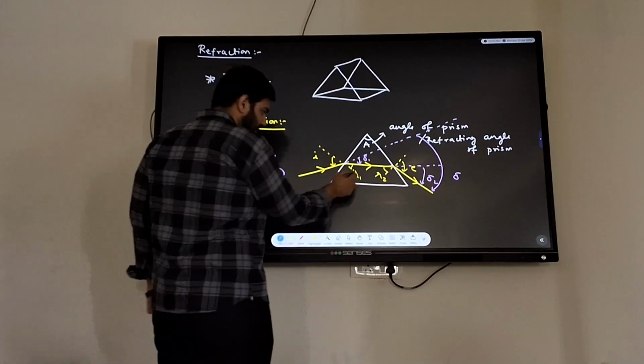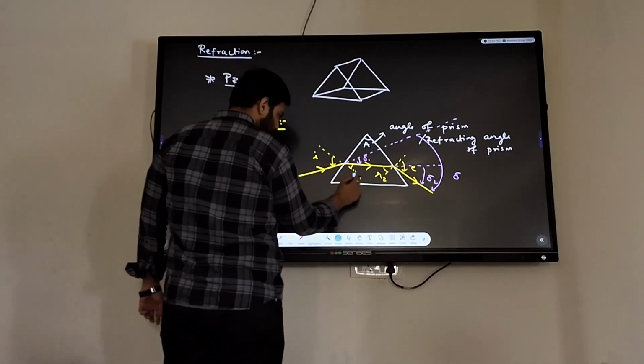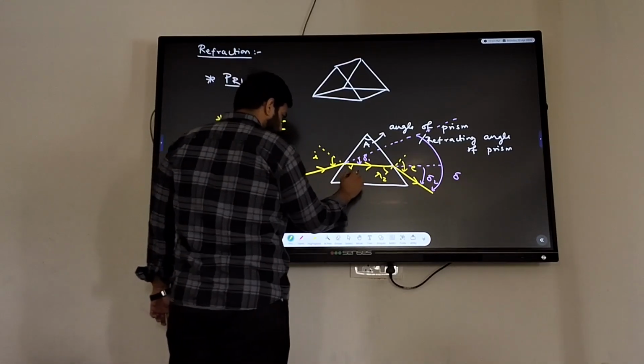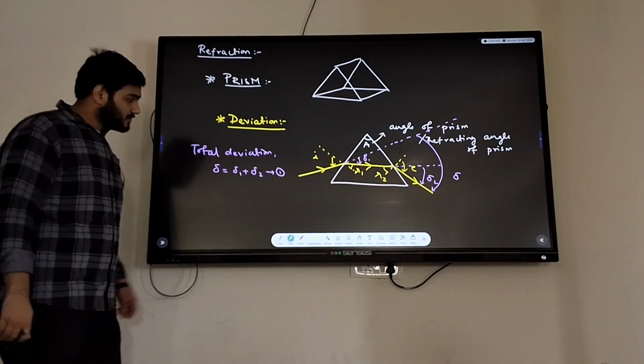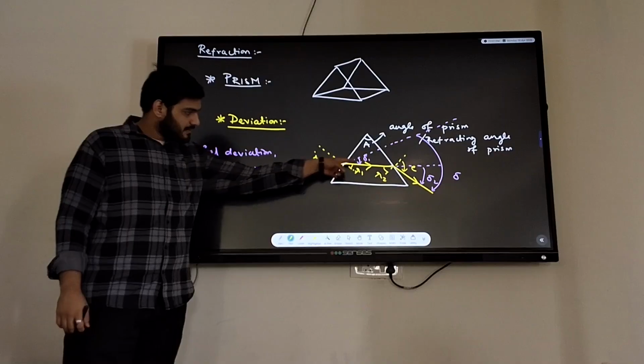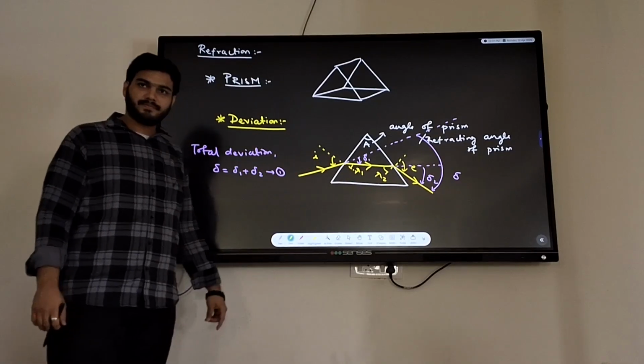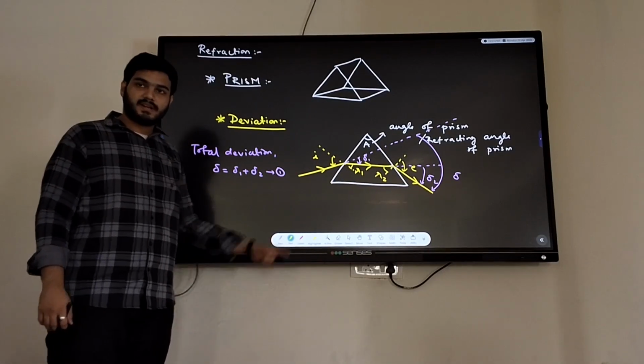What is this angle? This is R1, and this angle is R2. Can you tell me, is there any relation between delta 1, R1 and I?